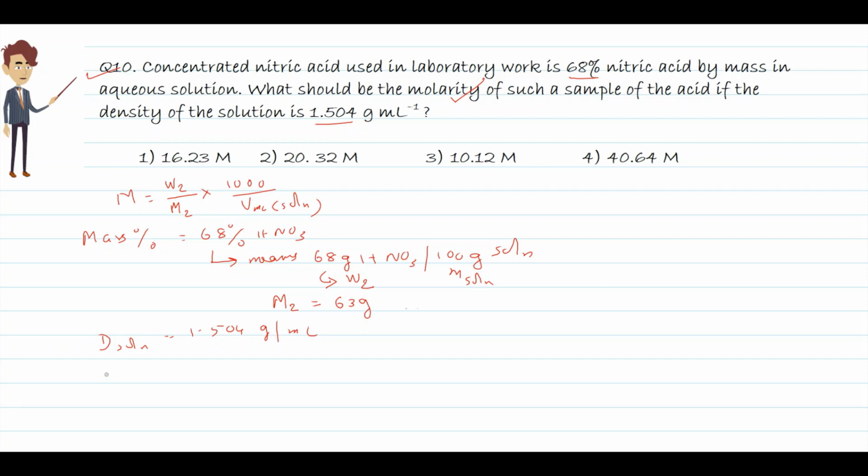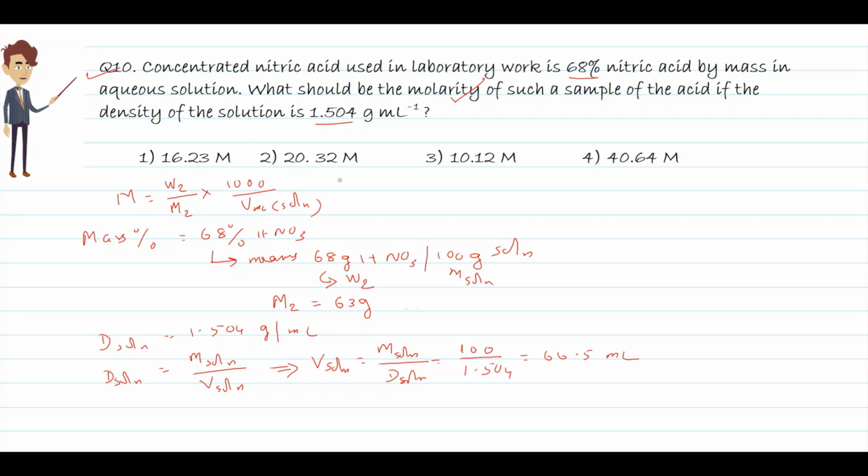Then we have the equation, density of solution is equal to mass of solution by volume of solution. On rearranging this, volume of solution is equal to mass of solution divided by density of solution. Mass of solution 100, density of solution 1.504. On solving, we get the value 66.5 ml.